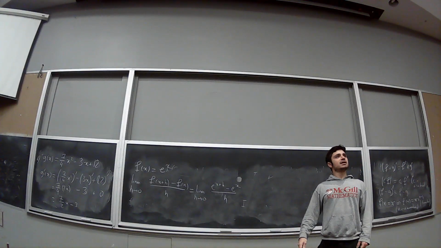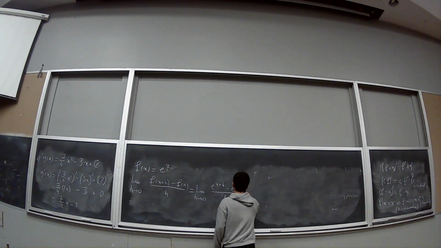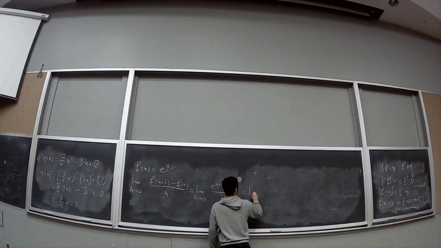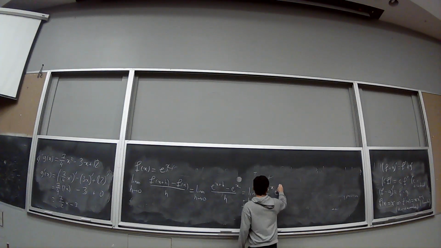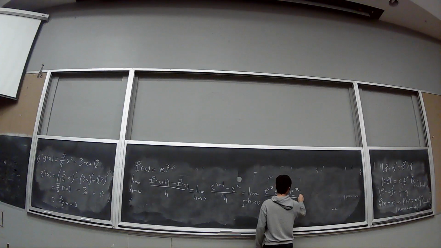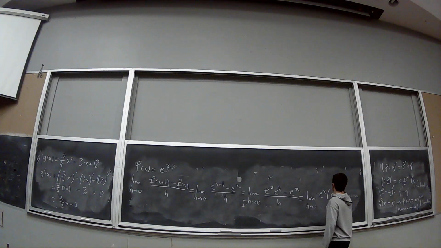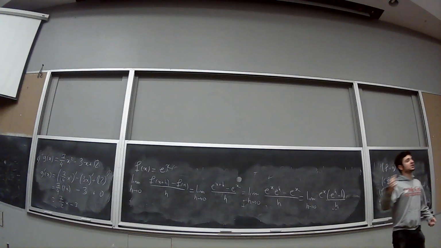I can't factor that, but I can use an exponential rule. This is just e to the x times e to the h, minus e to the x, over h. Now I can factor e to the x.